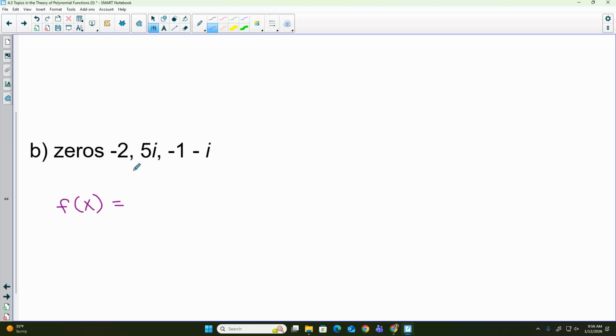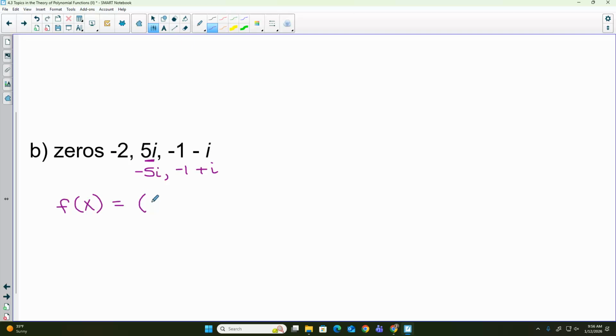Do I have to add anything else to go with the -2? No, because it's not imaginary. If 5i is a zero, what else has to be? If -1 minus i is a zero, what else has to be? So I should have 5 parentheses here.